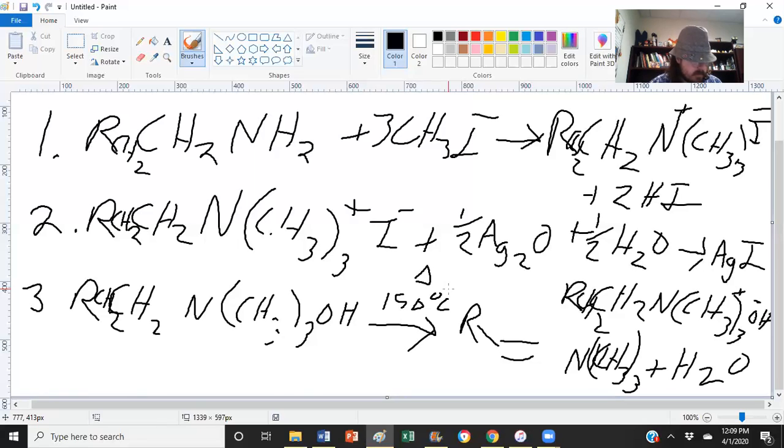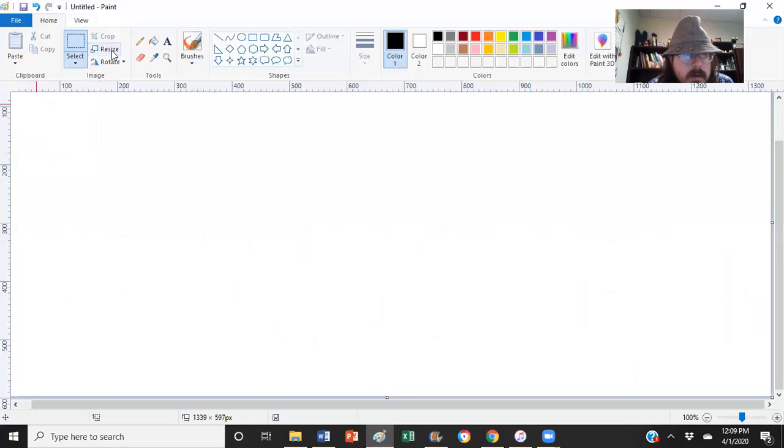This is because the attack has to be anti-coplanar to the bulky trimethylammonium group, because it's an E2. Let's just draw this.